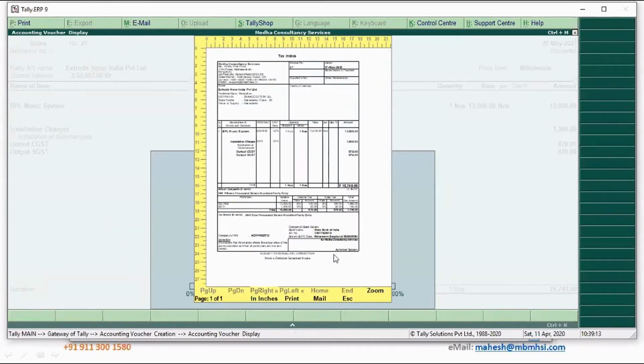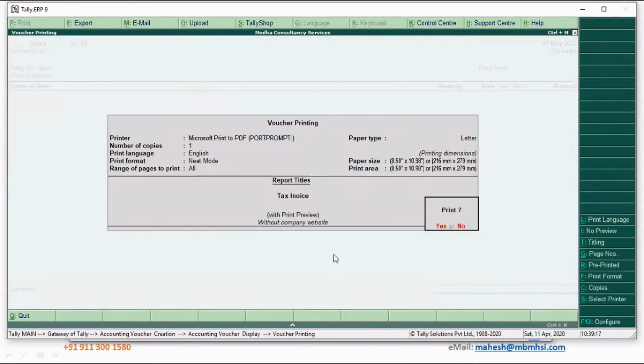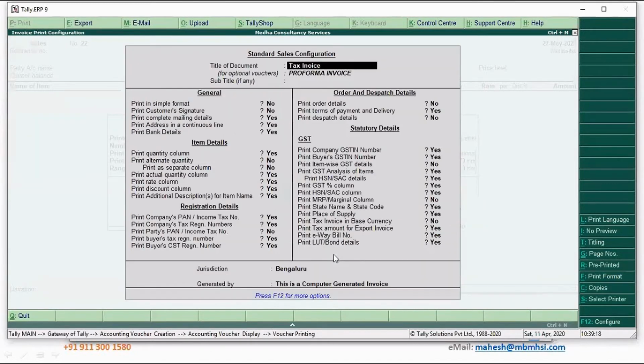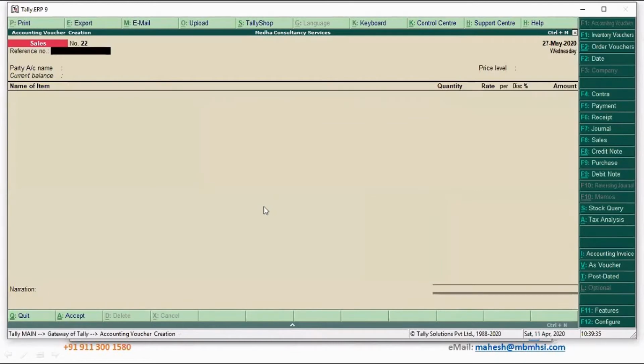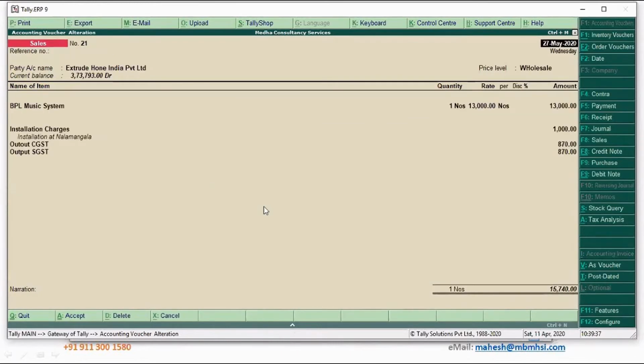So I had both. One second, let me just check. I don't need a lot of columns. Alternate quantity not required. Print actual and billed quantity, did I have that?